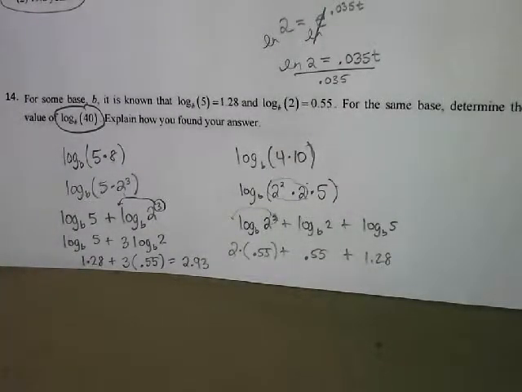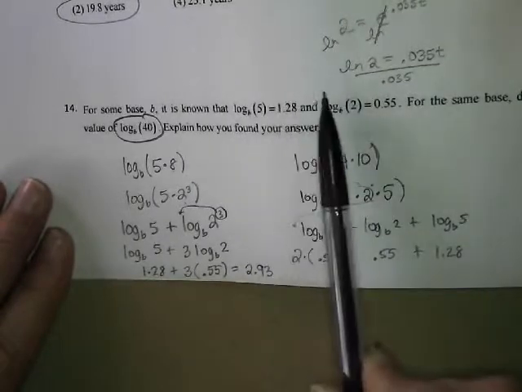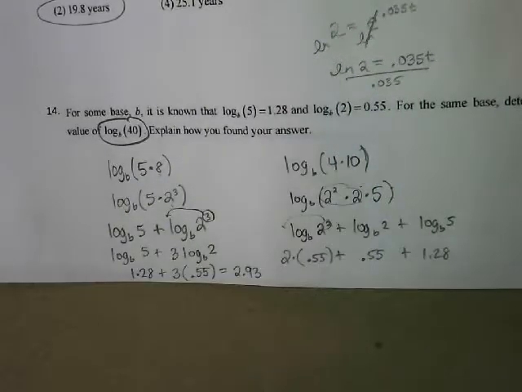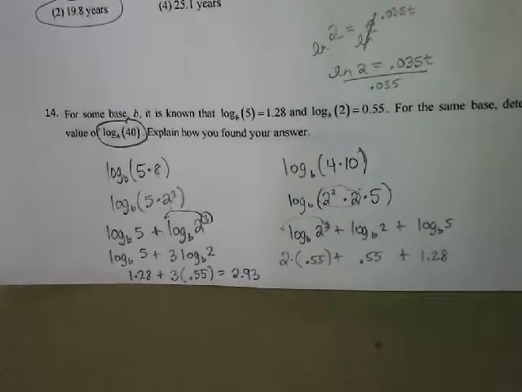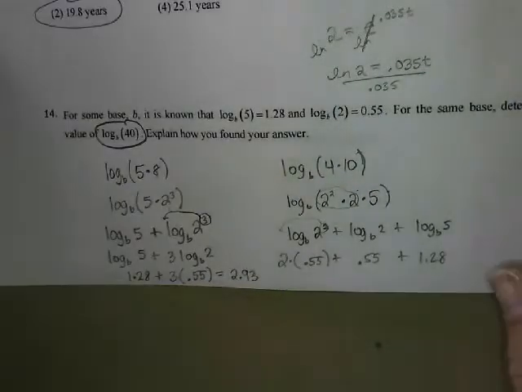But if I were to explain how I found my answer, I split up the 40 into factors of 5 and 2. And then once I had it in factors of 5 and 2, I could use my log properties to expand and then substitute in my values that I know. If you had to explain it, I would think that would be justify, though.